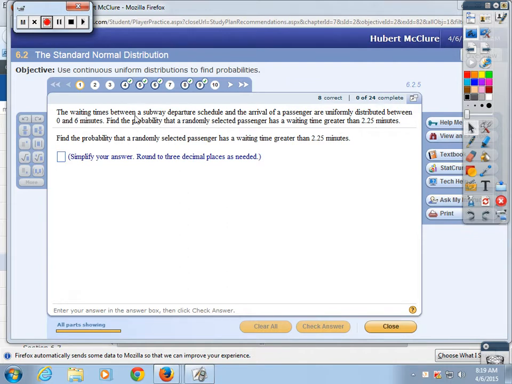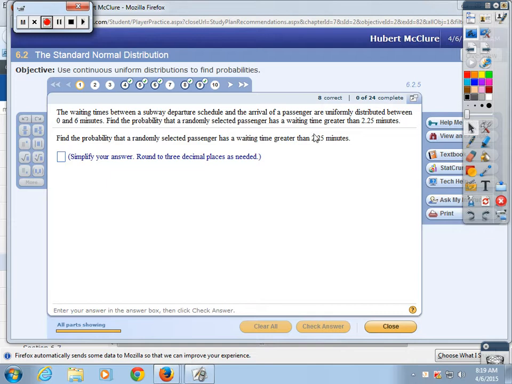The waiting times between a subway departure schedule and the arrival of a passenger are uniformly distributed between 0 and 6 minutes. Find the probability that a randomly selected passenger has a waiting time greater than 2.25 minutes.